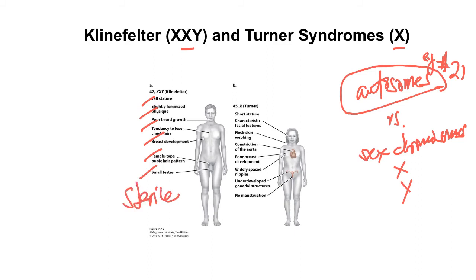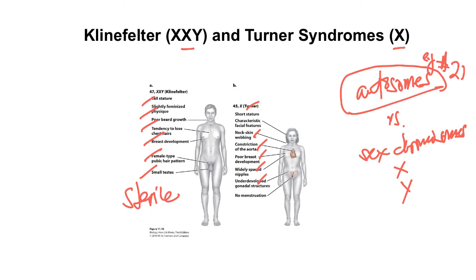Okay. Now, in Turner syndrome, the affected individuals have the karyotype X, and physical and mental characteristics could include short stature. They have some characteristic facial features. They have what we call neck skin webbing, constriction of the aorta, poor breast development, widely spaced nipples, underdeveloped gonadal structures, and in fact, they do not menstruate.